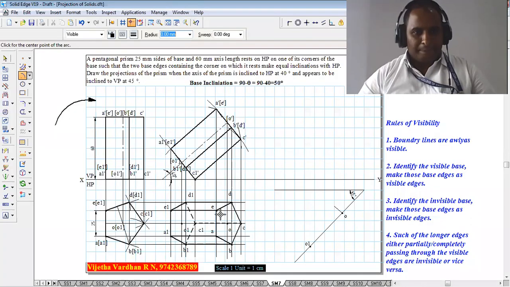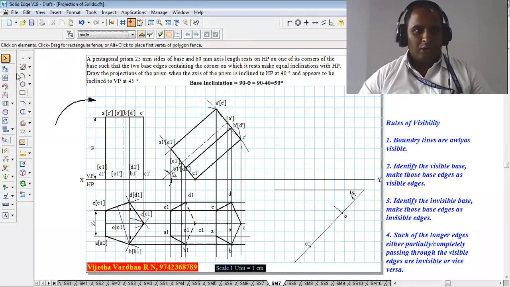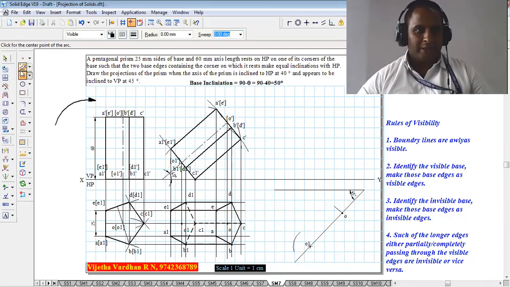Using the compass, measure the distance from O1 to E1. Now without changing the radius, keep the compass at O1 and draw an arc over here like this.